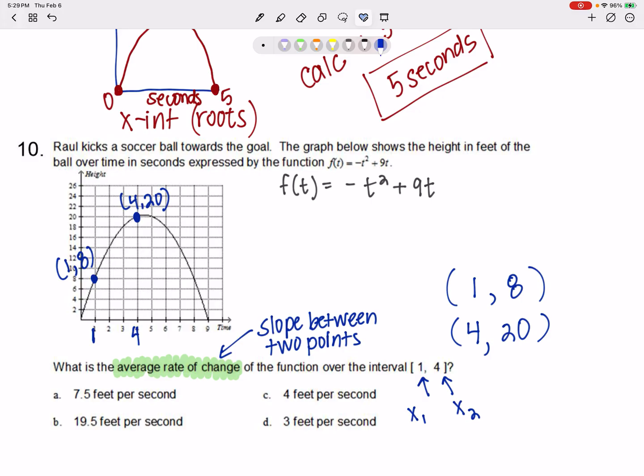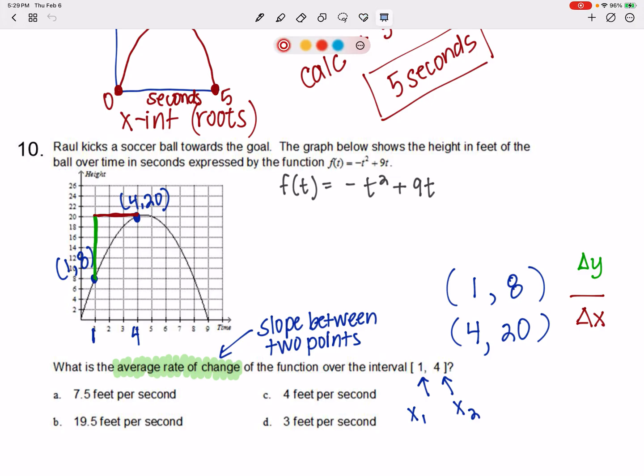And then the slope between 2 points is your change in y over your change in x. Change in x.